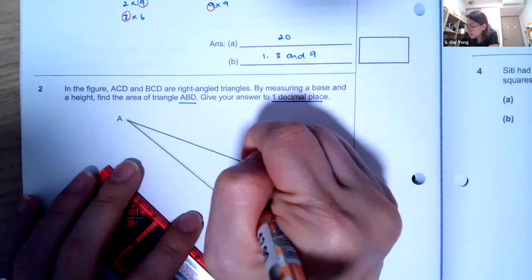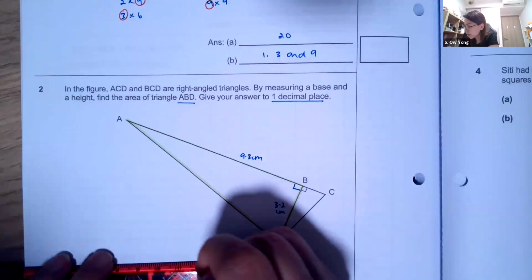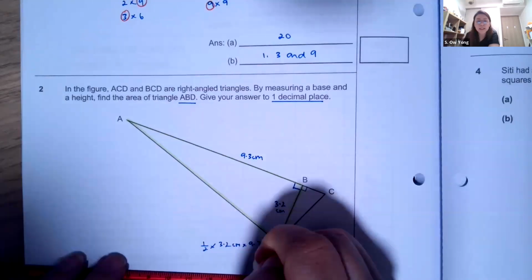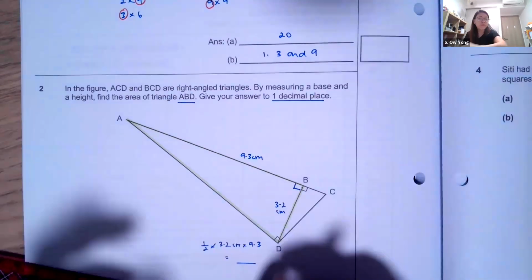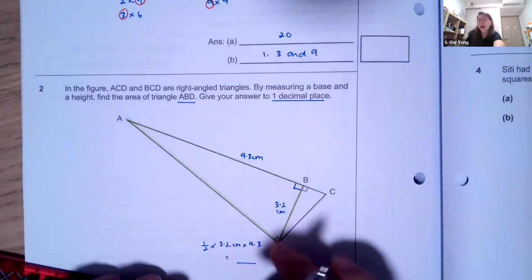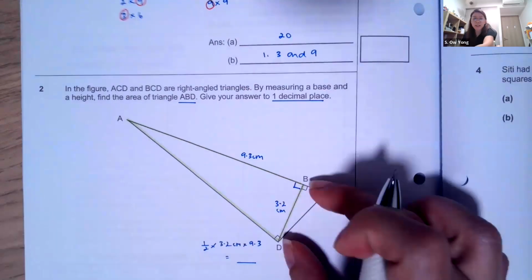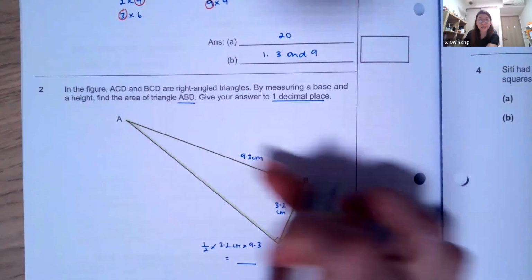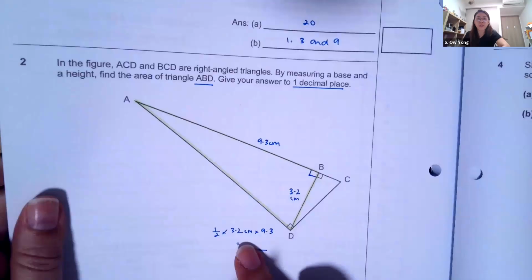Then after that, you can use the formula and your calculator to get the final answer. It could be due to the printing that you may have a difference in the measurement. Well, the idea is you need to really use your ruler to measure and use your calculator to calculate the answer for question 2. Okay, let's go to question 3.